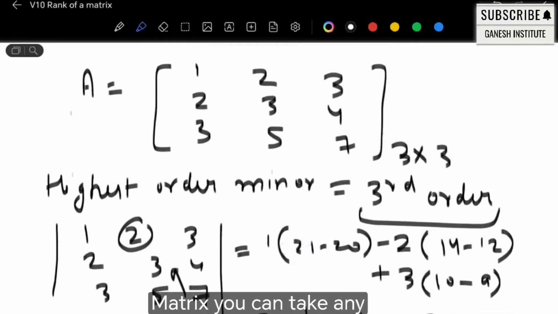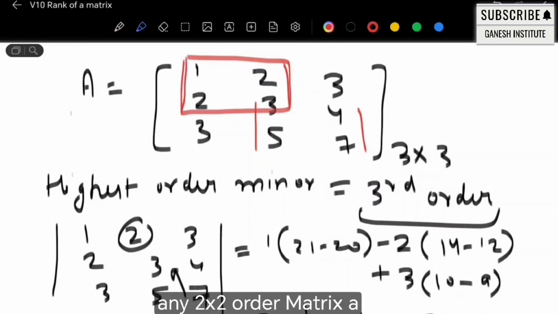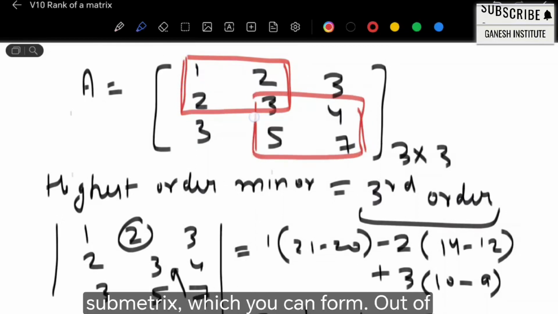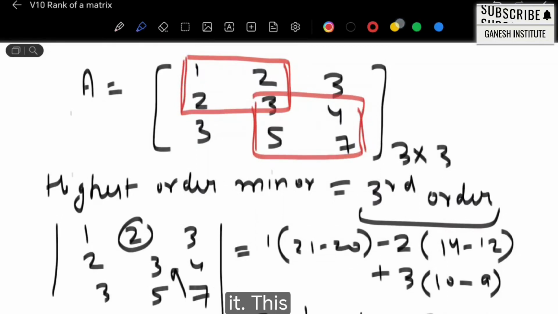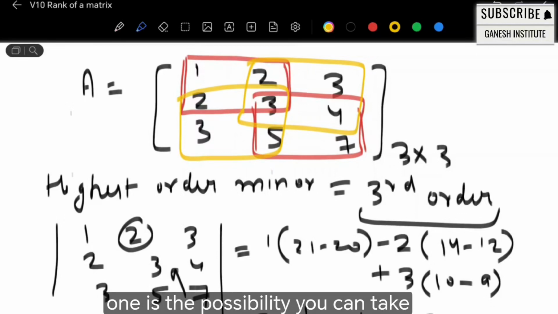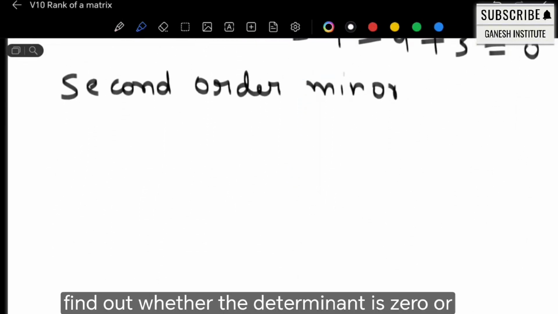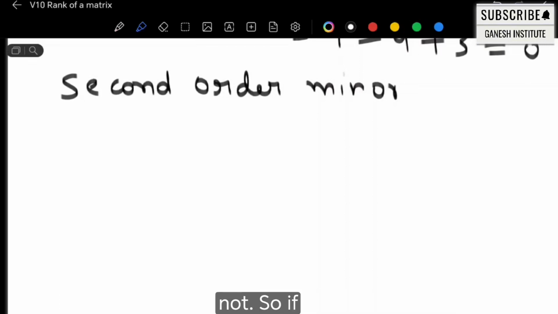From this matrix, you can take any of the second order minors. Any 2 by 2 order sub matrix which you can form out of it. You can take any of these and find out whether the determinant is 0 or not.